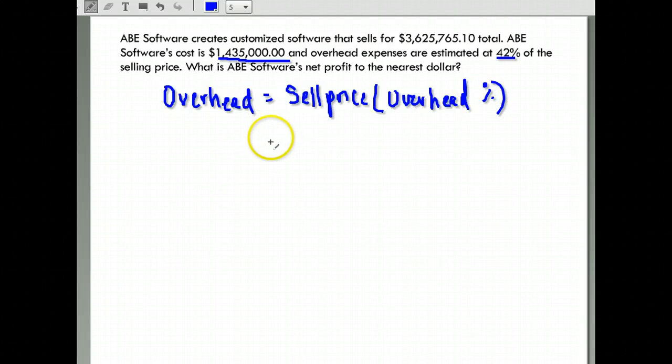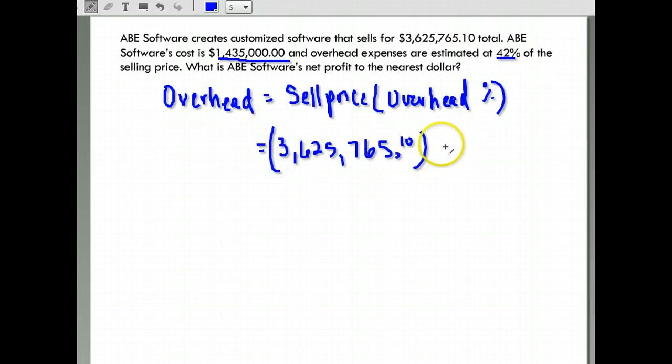So let's do that. Let's find our overhead. We know the selling price is $3,625,765.10. We multiply that by the overhead rate, which was 42%. Again, change that percent to a decimal of 0.42.